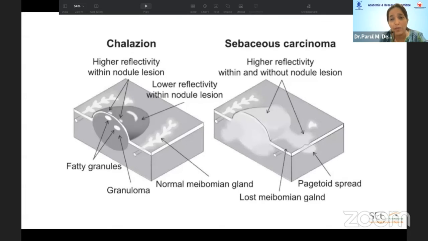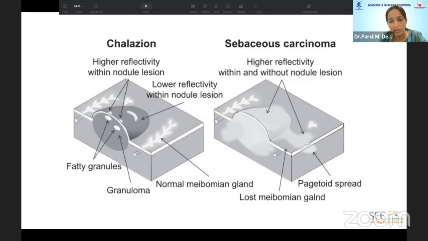It can also help in some of the other conditions. So it can help us differentiate between a chalazion and a sebaceous carcinoma. A chalazion is seen as a localized, well-defined dark area where you would see in between the highly reflective dots, which are either the fatty granules or the calcific areas.